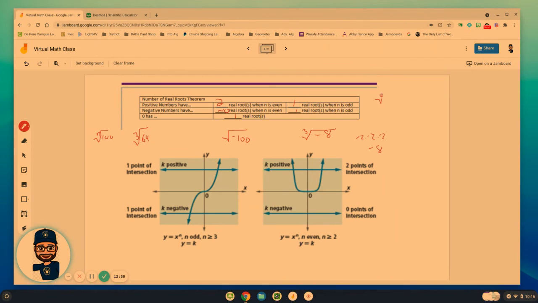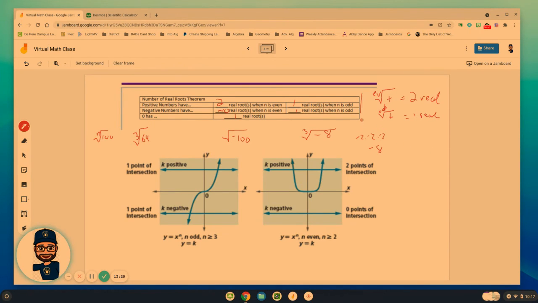If I am taking the square root of a positive, and this is an even number in here, we have two real solutions. If I'm taking the root of a positive number, but this is an odd nth root, odd, we have one real answer, one real root.